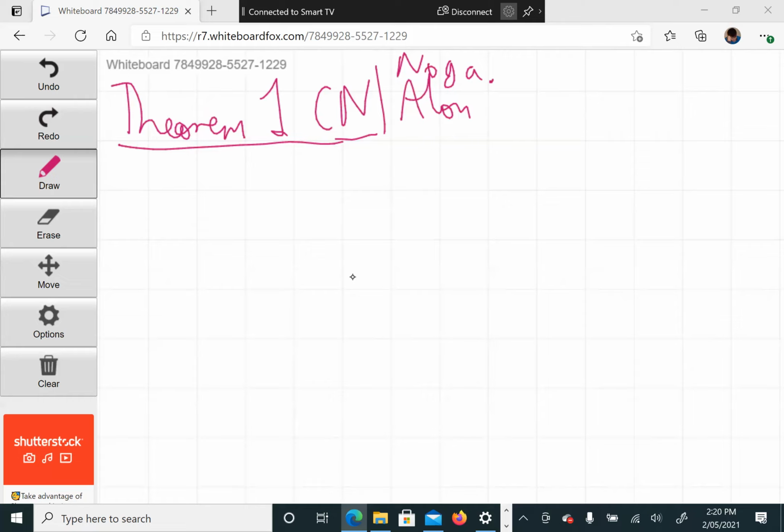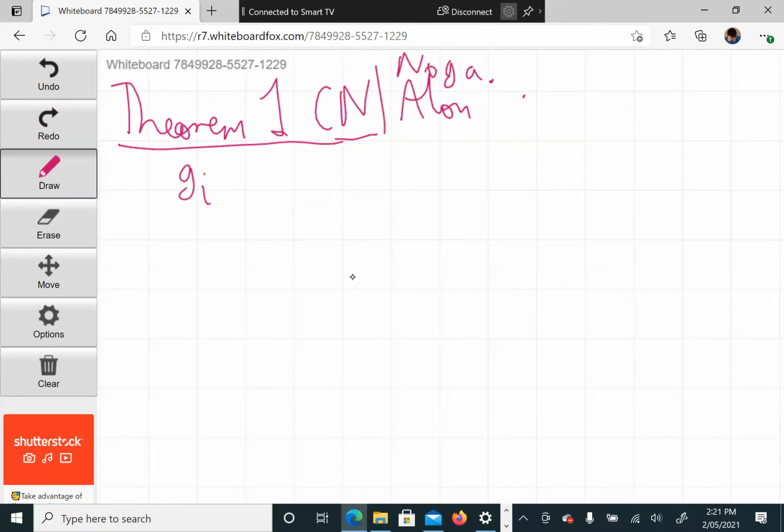Okay, so the first theorem, what is it? So you have these S_i, right? These sets. And you define the polynomial g_i.